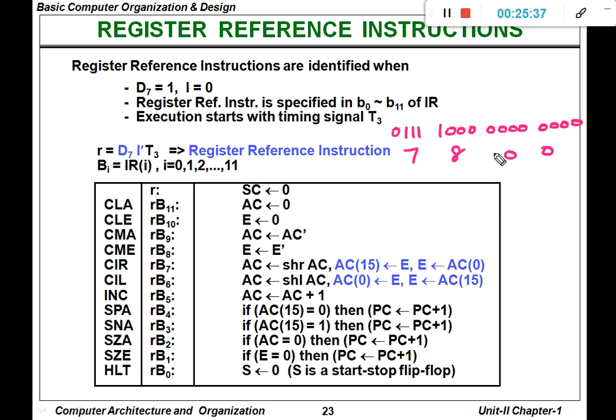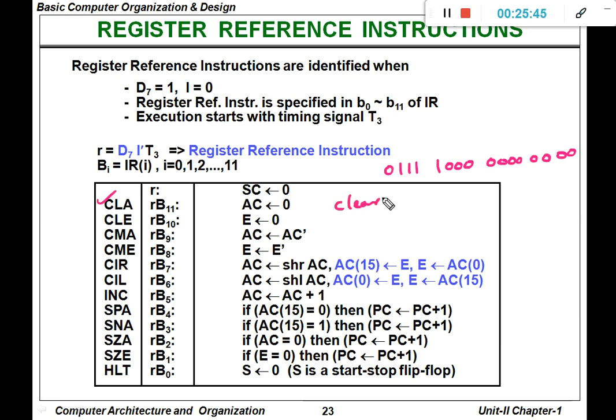So this code represents the CLA code. CLA means clear accumulator. Clear accumulator means we are going to clear the accumulator, that is, move the zero values to the accumulator.